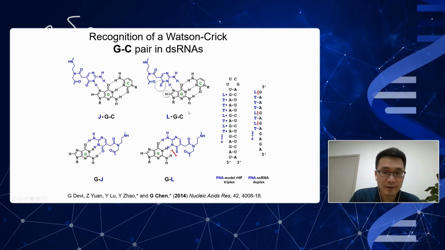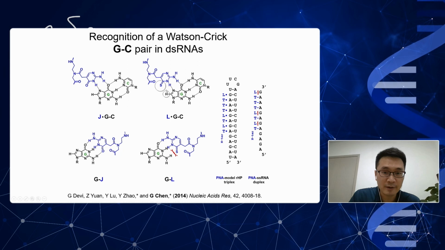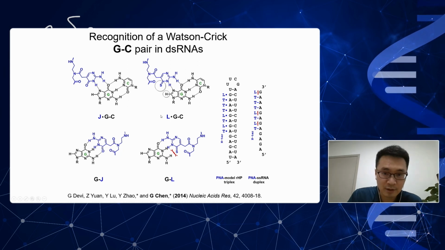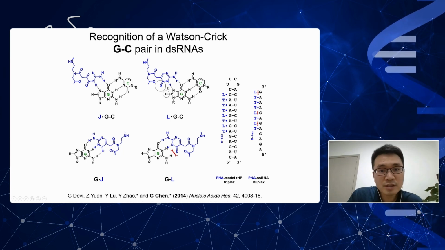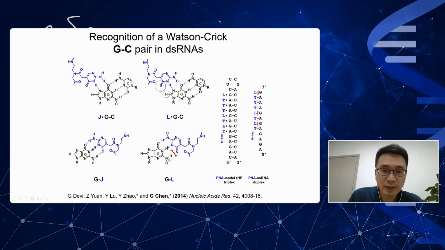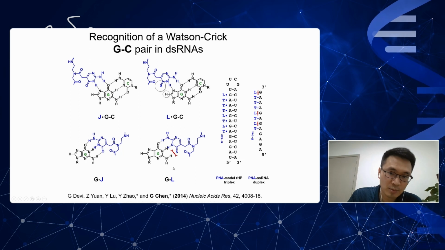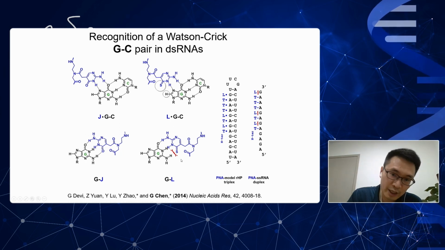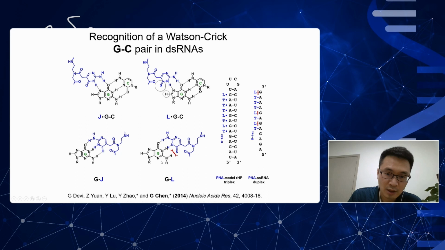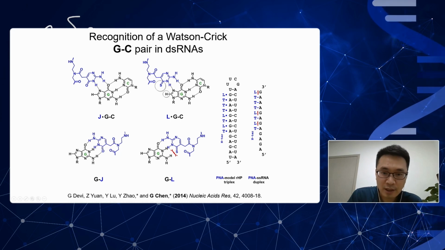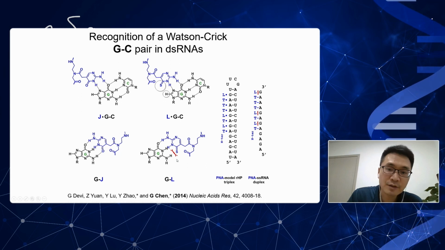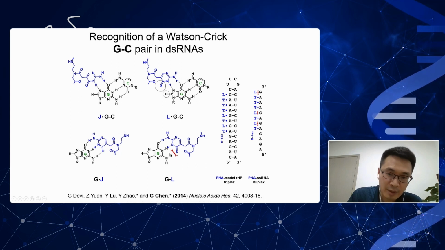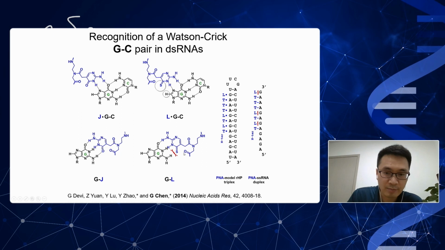Another advantage of this sulfur substitution is that you can selectively recognize G in the Hoogsteen edge instead of the Watson-Crick edge of the G, shown in the bottom right corner. If we want to form a Watson-Crick-like G-L pair, we will have a very significant steric clash between the amine of G and the sulfur of the L base.